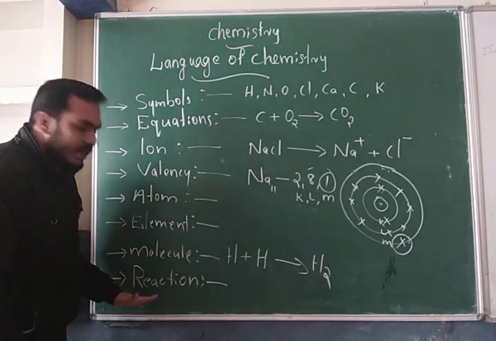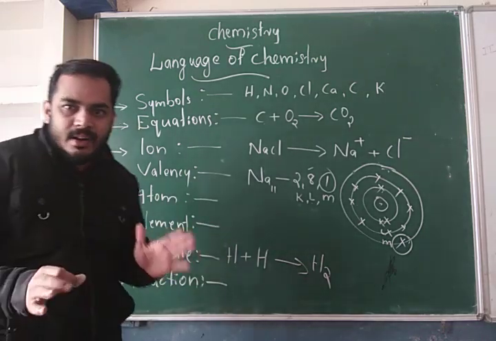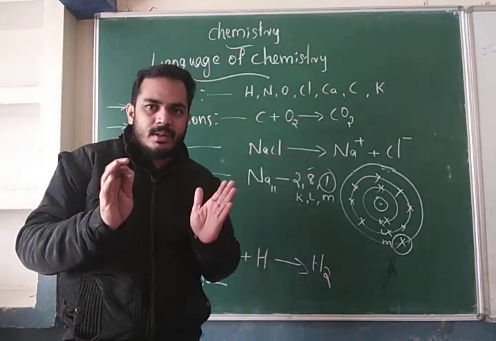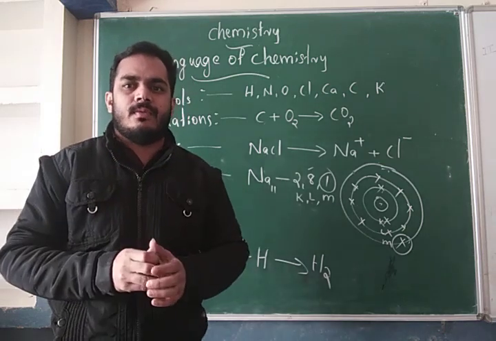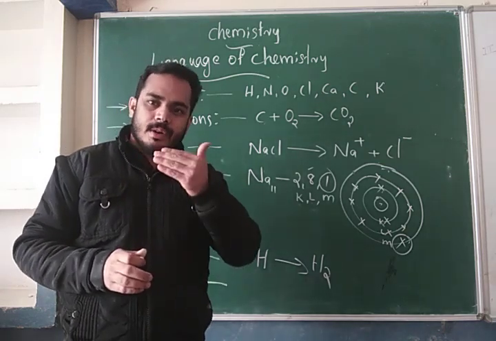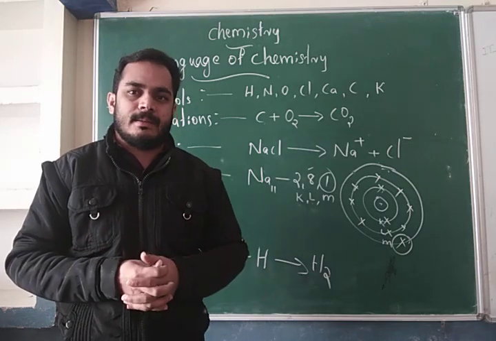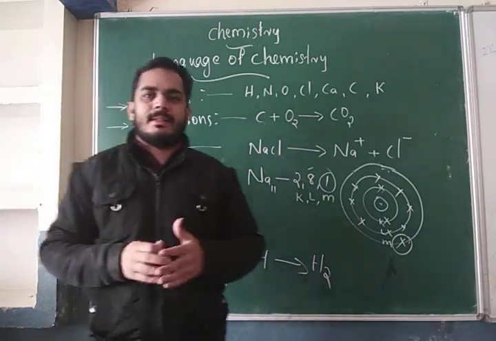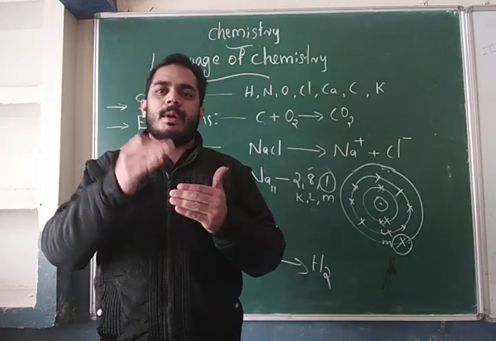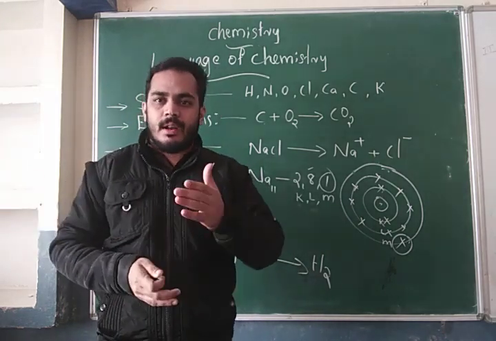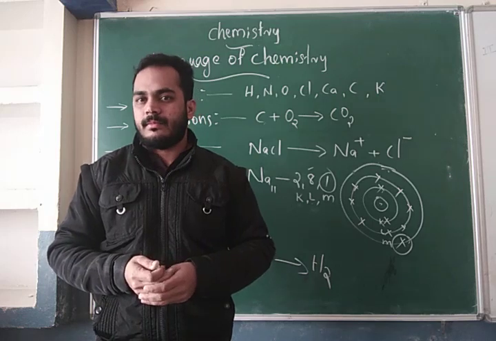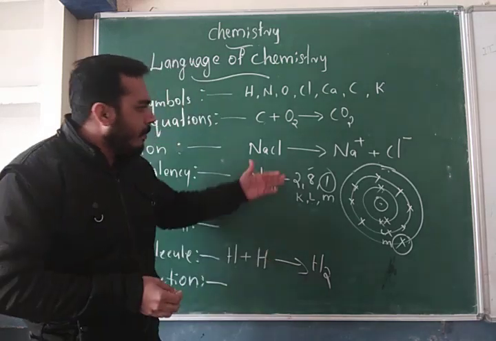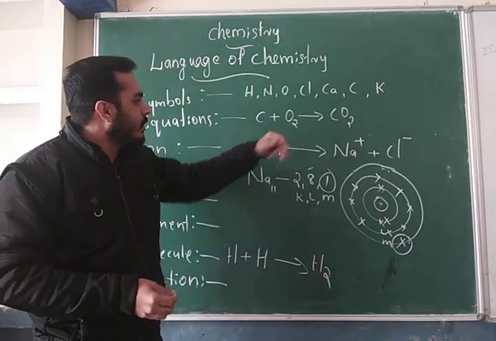And the next one, reaction. It is the most important word in this chapter, in our chemistry. For example, different elements combine together to form a new product with different characters.